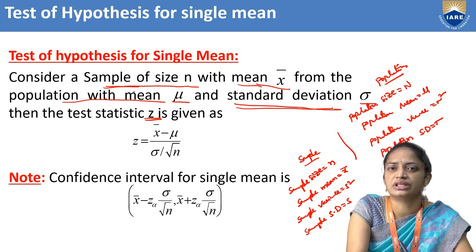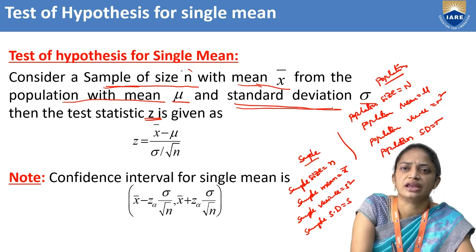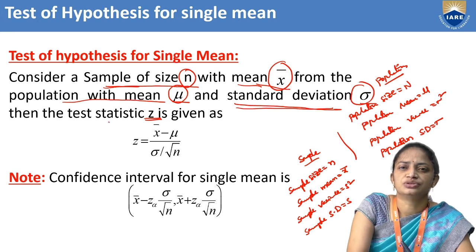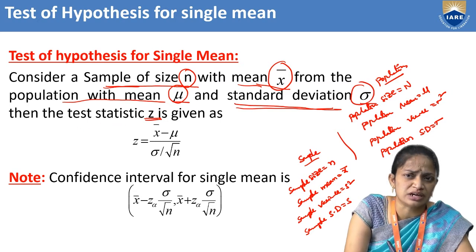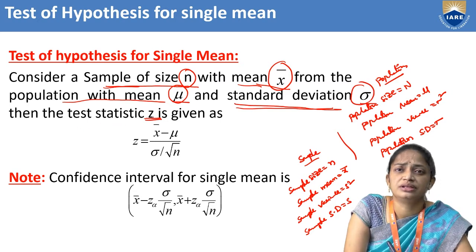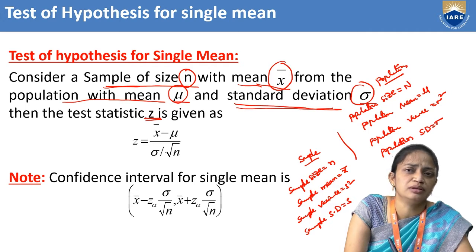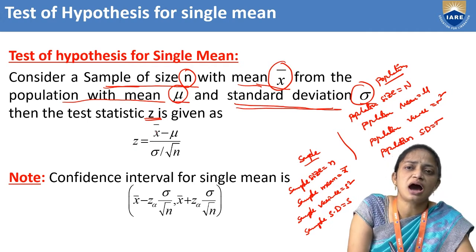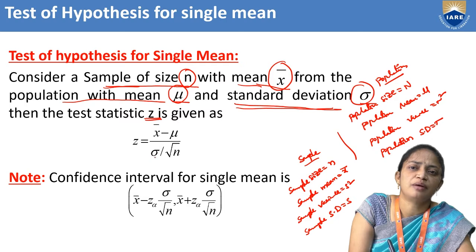Consider a sample of size n and sample mean x bar from the population with mean mu and standard deviation sigma. Then the test statistic, our formula in test of hypothesis for single mean, is z equal to x bar minus mu by sigma by root n.